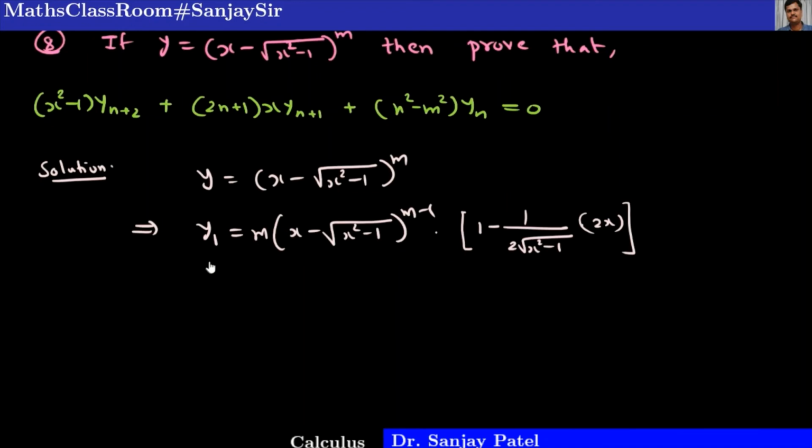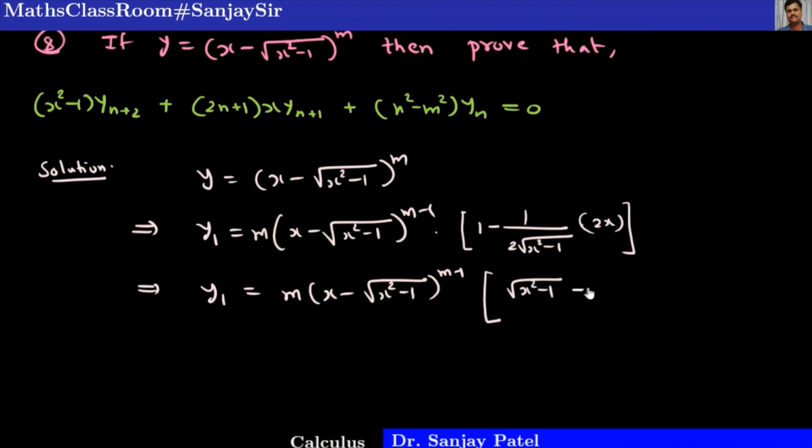We want to prove this relation, so we'll obtain the relation between y1 and y2. Simplifying, we'll get y1 is equal to m into (x minus square root of x square minus 1) raised to m minus 1 into (square root of x square minus 1 minus x), upon square root of x square minus 1.